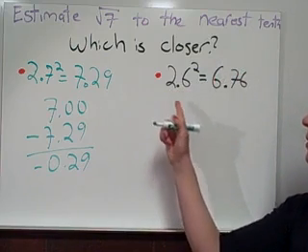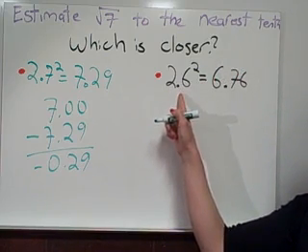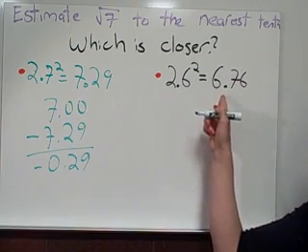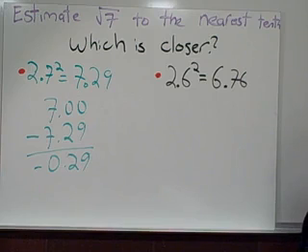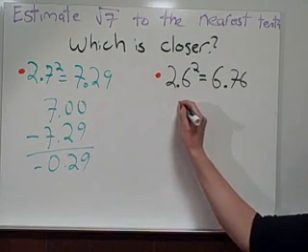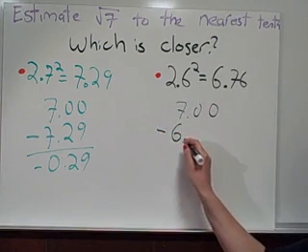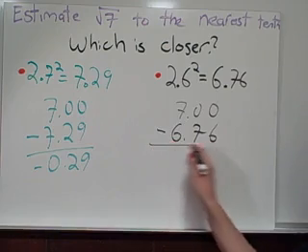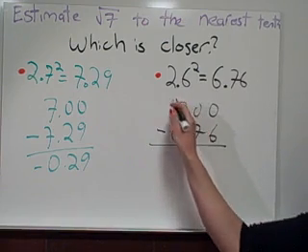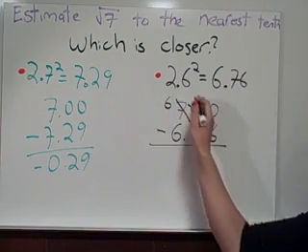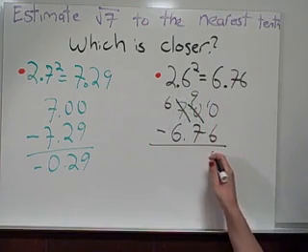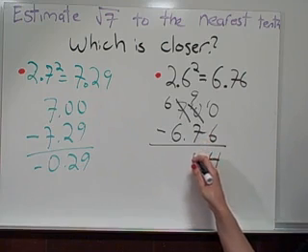Let's compare that with my other estimate. My other estimate for the square root was 2.6. When I square it, I get 6.76. I want to find my difference. So 7 minus 6.76. I'll go ahead and do my subtraction. There's a lot of borrowing. 10 minus 6, 9 minus 7.